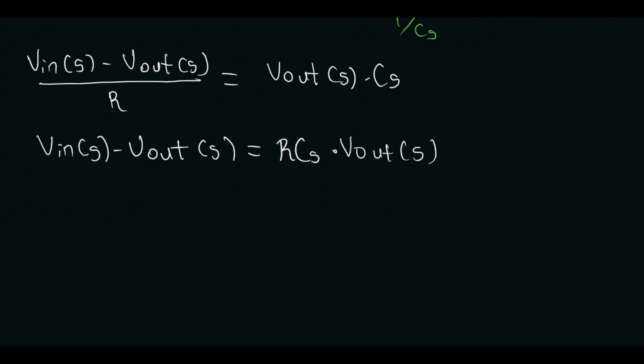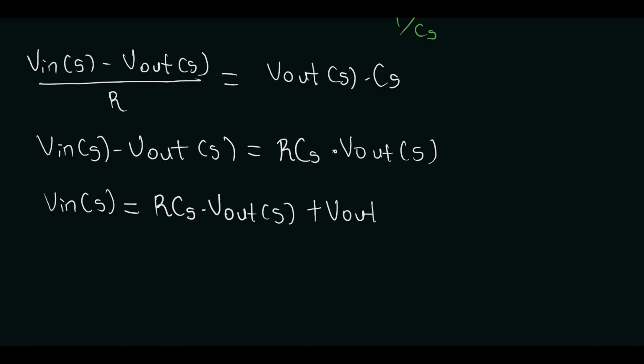Making V in the subject of formula, V in of S will be equals to your RCS V out of S plus V out. So factor out your V out.